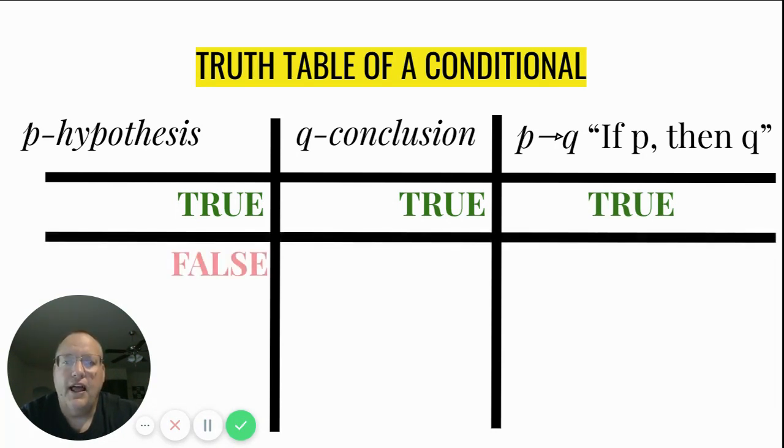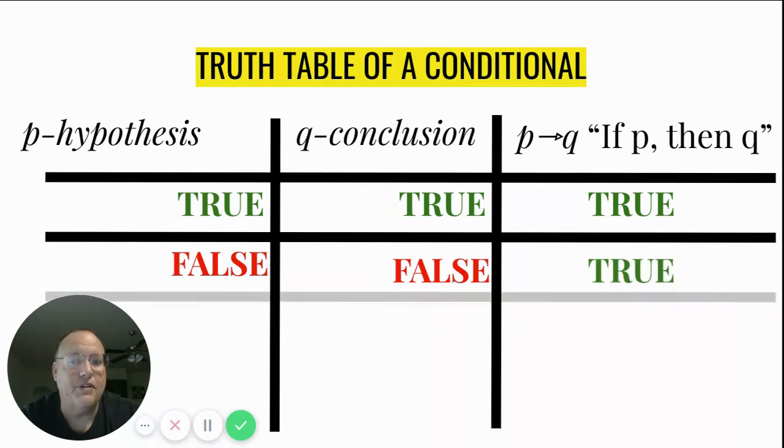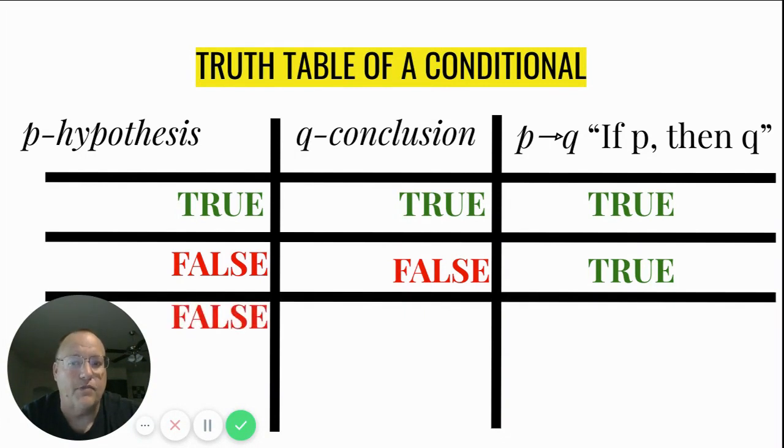If the hypothesis is false, and this is where it might get a little confusing, but I'm going to show you an example to make this easier to understand. If the hypothesis is false and the conclusion is false, the entire conditional is true. Now, this does seem a little confusing. I get it, so stay with me, though.